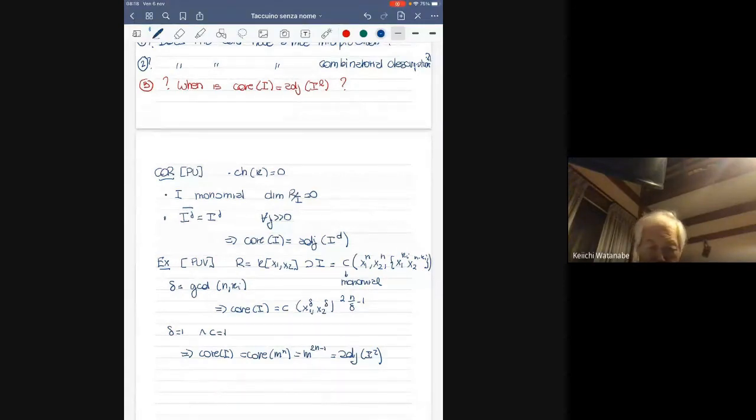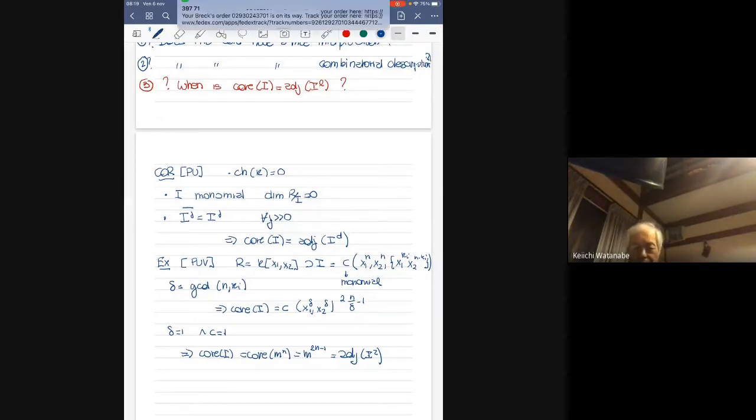I must say that actually this is generalized by work of Kustin, myself, and Ulrich. This kind of result works not just for monomial ideals, but for any ideal generated by forms of the same degree in a polynomial ring in two variables. And again we prove that the core has a similar shape, is again the core of the power of the maximal ideal, if the map is birational, or if you want, if and only if the projective spectrum of the Rees algebra has property R1 of Serre, which is also equivalent to the fact that the core is integrally closed.